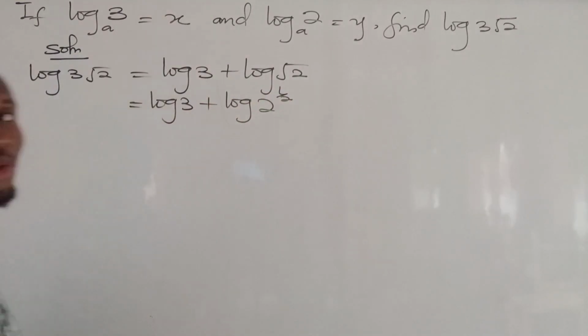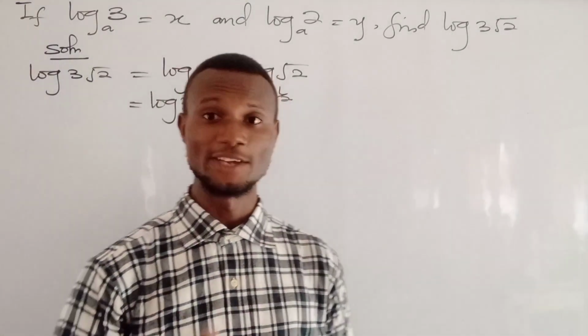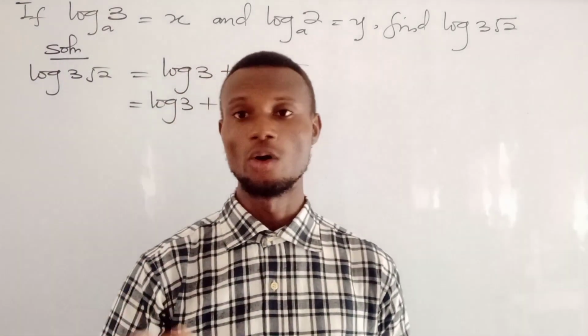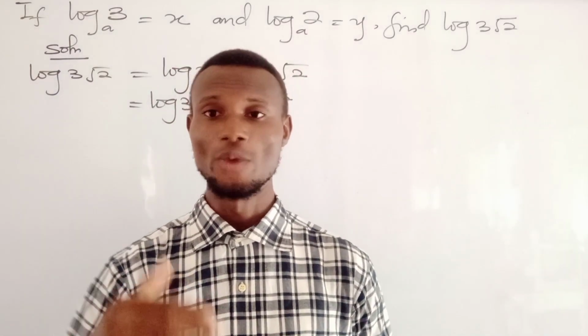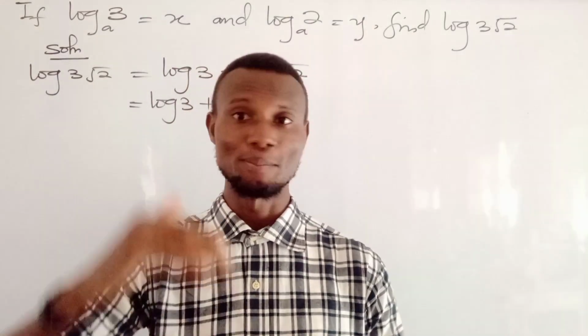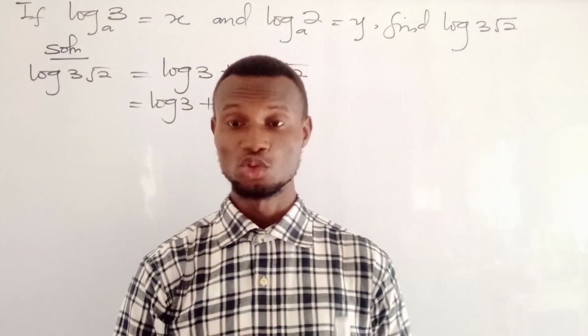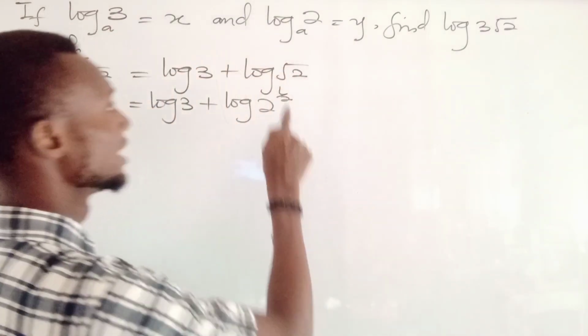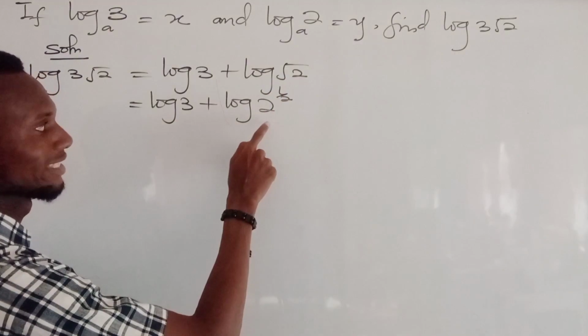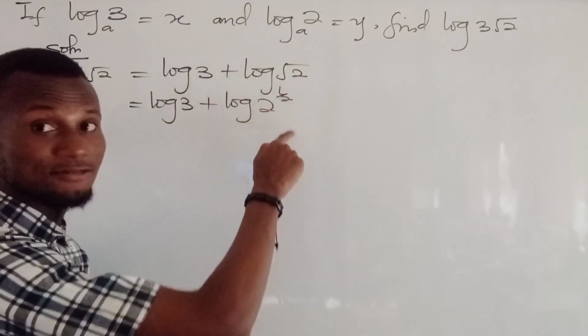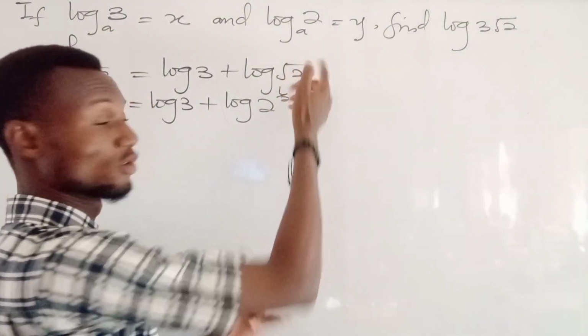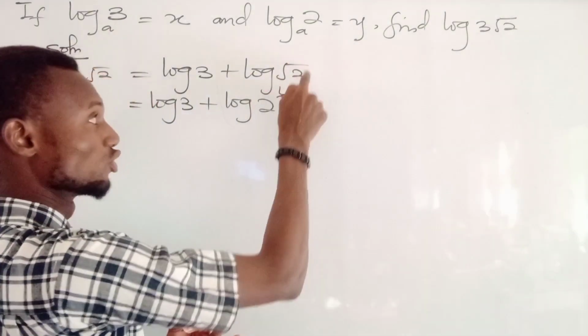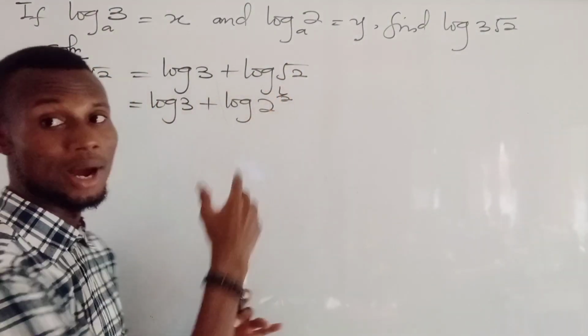You know that when we have the square root of any number or variable, we can write it as that number or variable to the power half. So having the square root of 2 here, we can write it as 2 to the power half, which means the same thing as root 2.